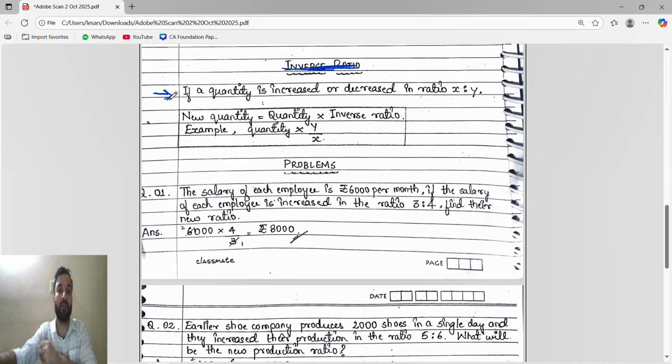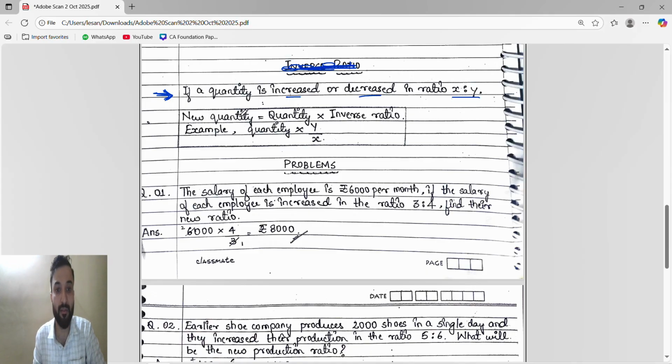Okay, so what is the thing? They give one quantity, and this quantity is either increased with some ratio or decreased with some ratio. Then we have to find the new quantity. So the form is like this. After giving the arrow, you have to write down this. Don't write this, write down this. If a given quantity is either increased or decreased in any ratio, then we have to find the new quantity.